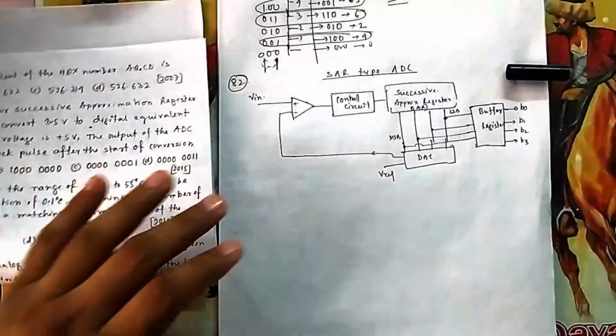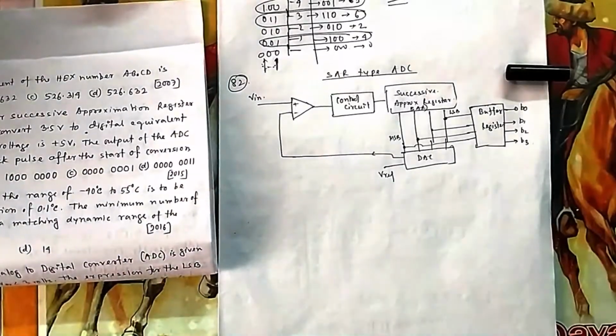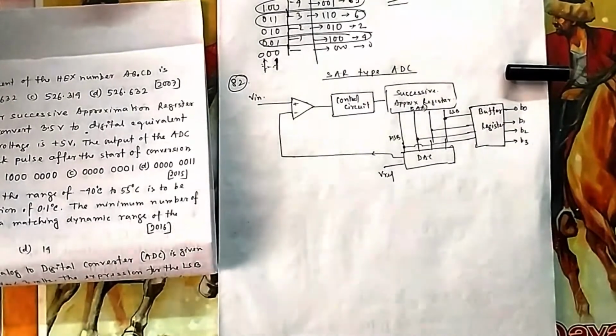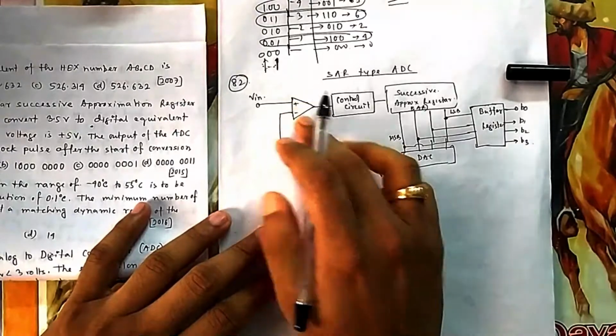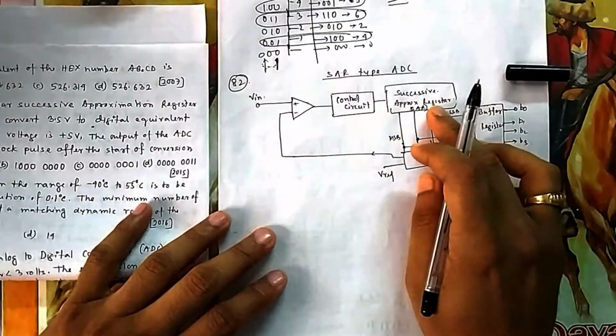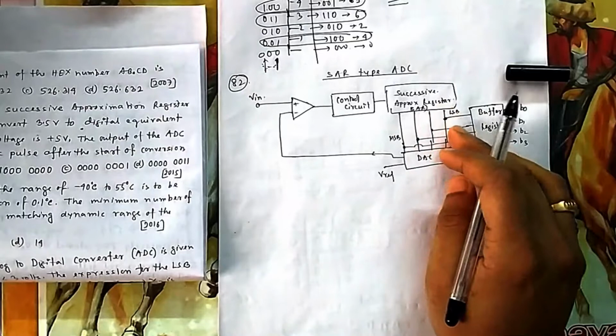Okay students, in a SAR type ADC, that is successive approximation register, you can see this is the circuit. Here it is V in, then the comparator, then a control circuit, then the successive approximation register.